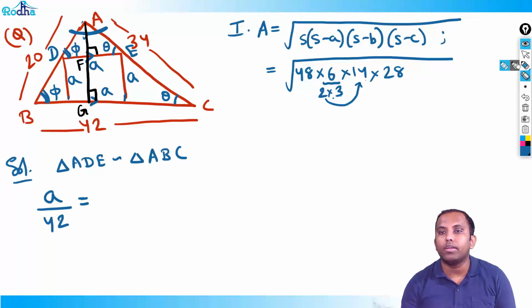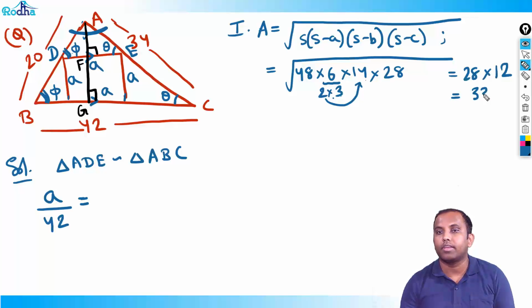What is left here now? 3 is left. So 3 into 48 is what? 144. And what is the square root of 144? 12. So the area is 28 into 12, that is 280 plus 56, that is 336. This is the area of the triangle.